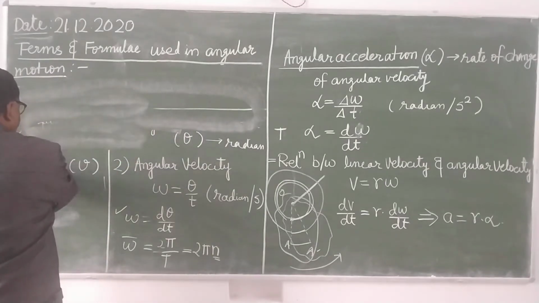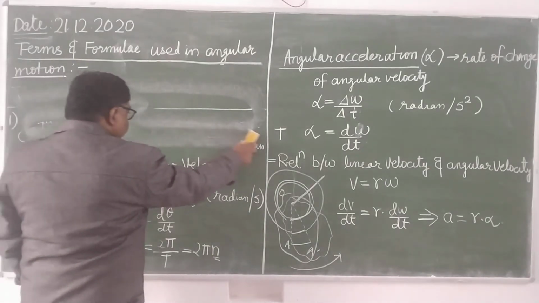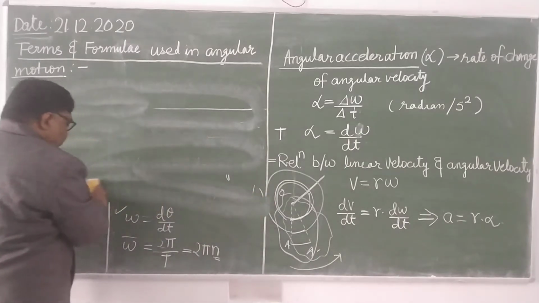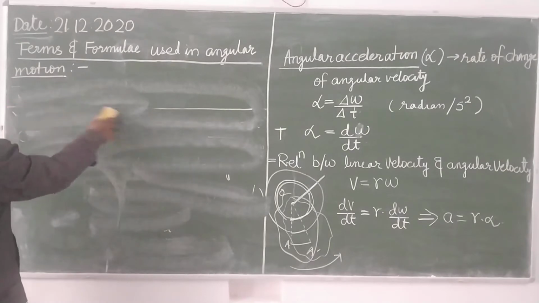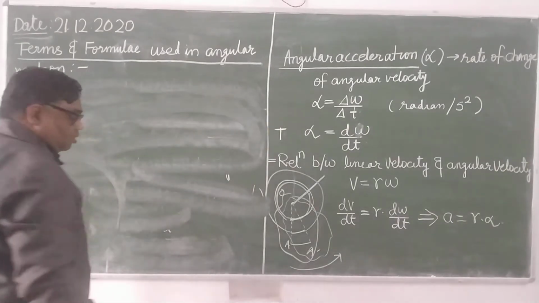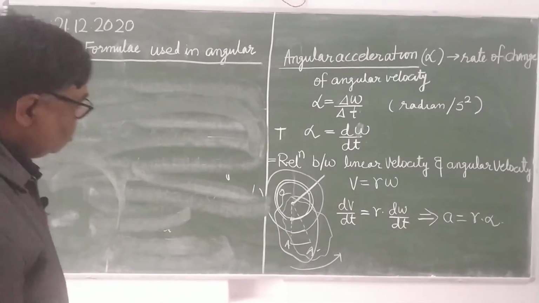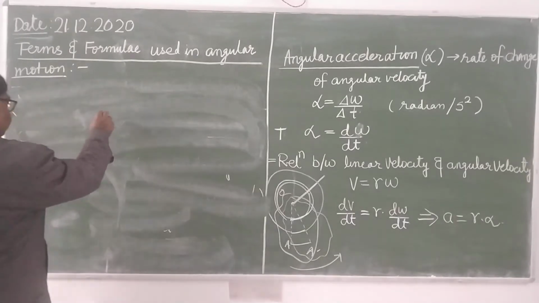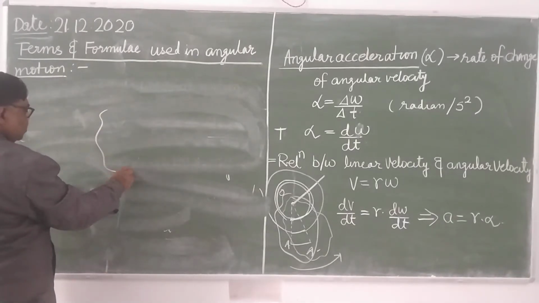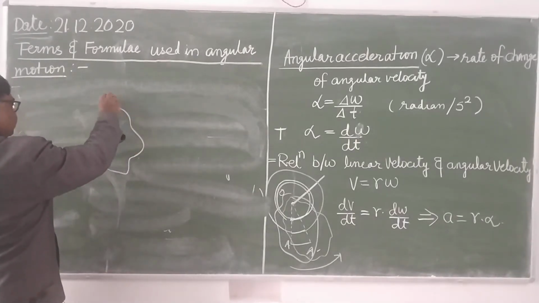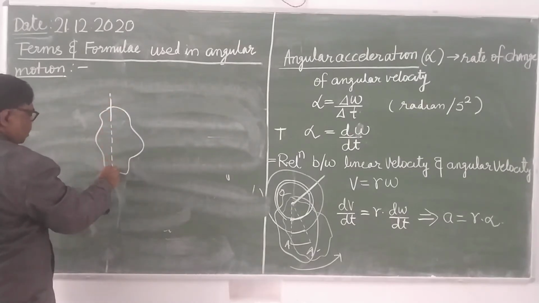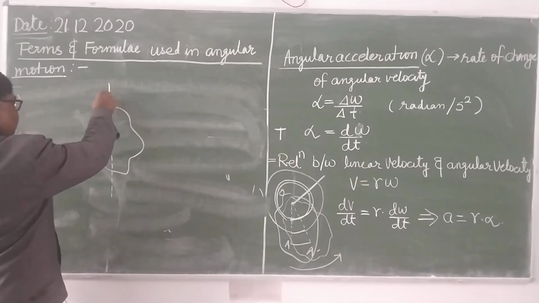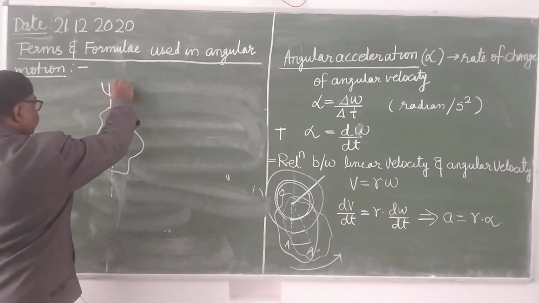Now see here, suppose a particle is describing uniform circular motion, or a body is rotating with a constant angular velocity. Suppose this is a body which is rotating about this axis with a constant angular velocity.